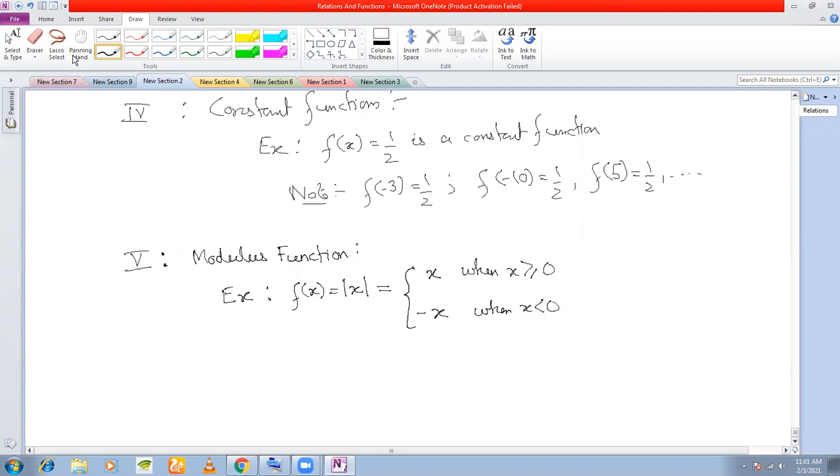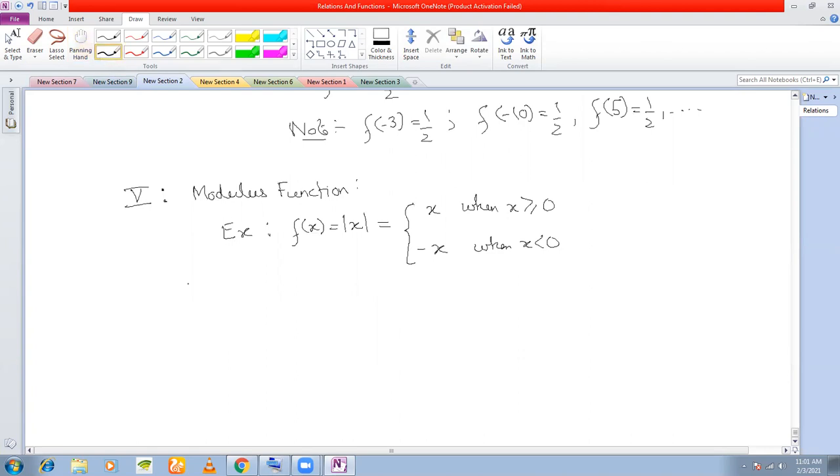Now, why is this? Let's say you have mod of minus 3. What is your answer for mod of minus 3? 3. And how are you getting this 3?